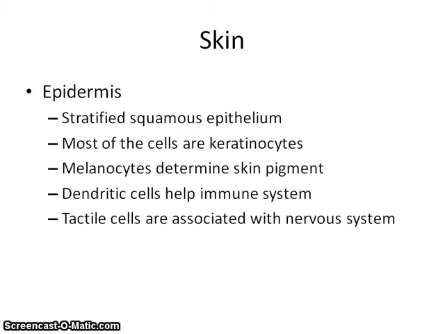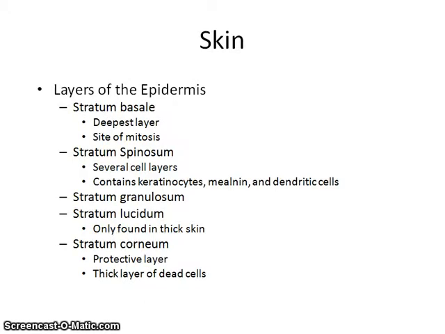The dendritic cells are helping with your immune system, and then the really cool ones are the tactile cells, and that helps you feel things. So feel sharp versus dull, hot versus cold, soft versus sharp. You get the idea. Within the epidermis, there are several layers.